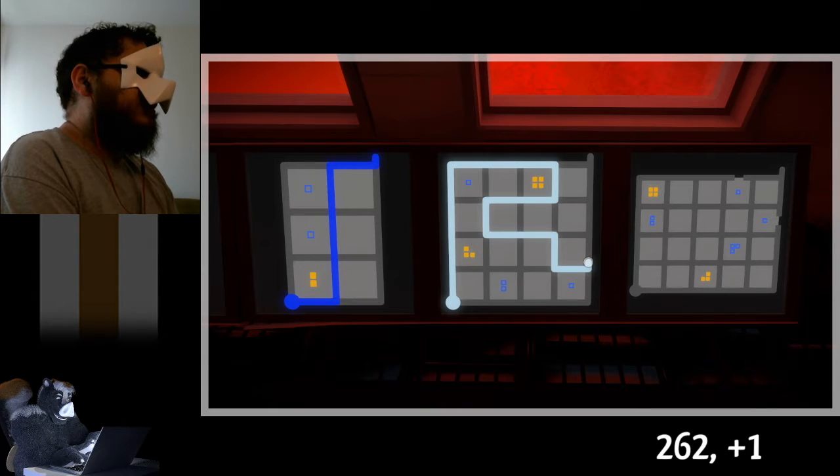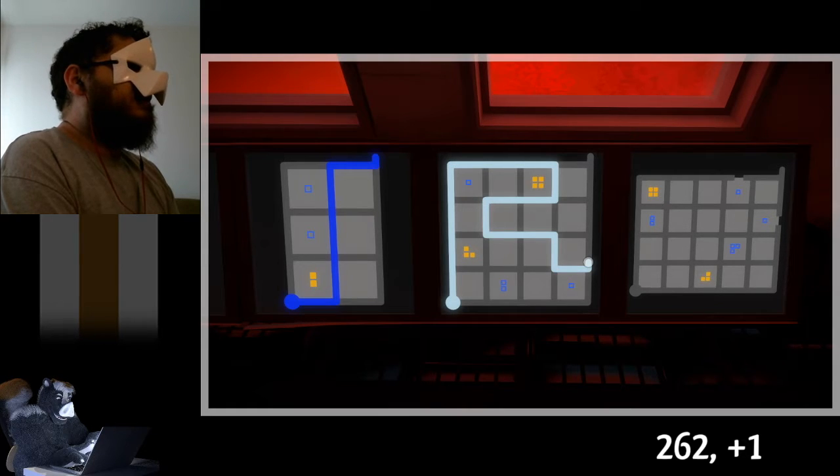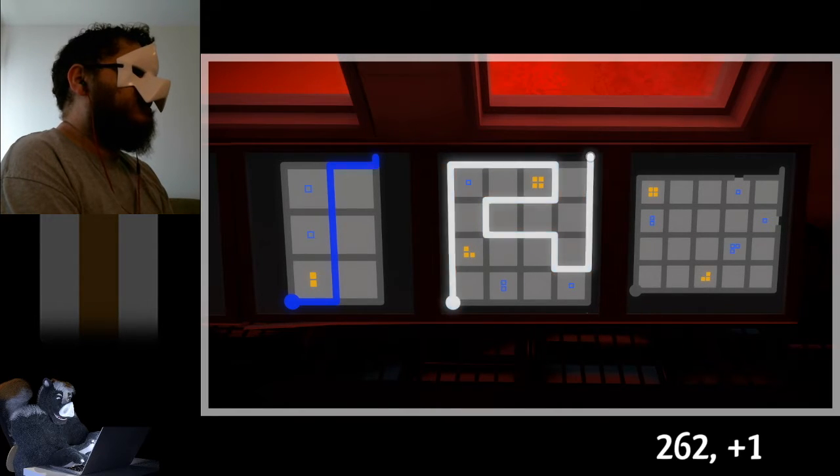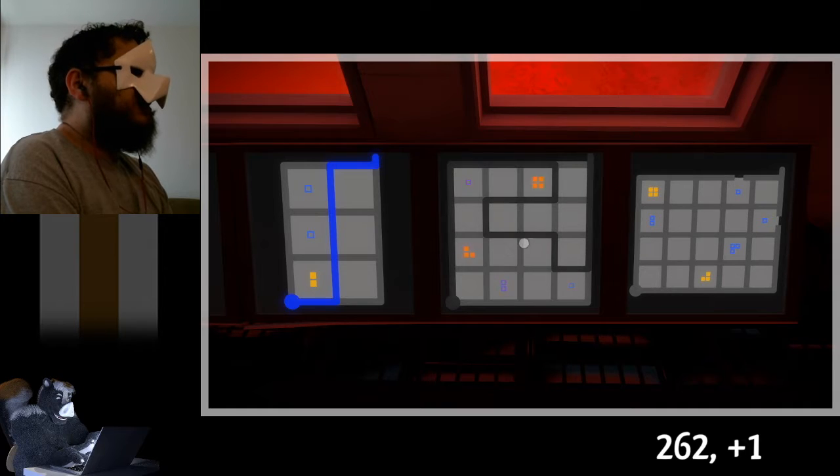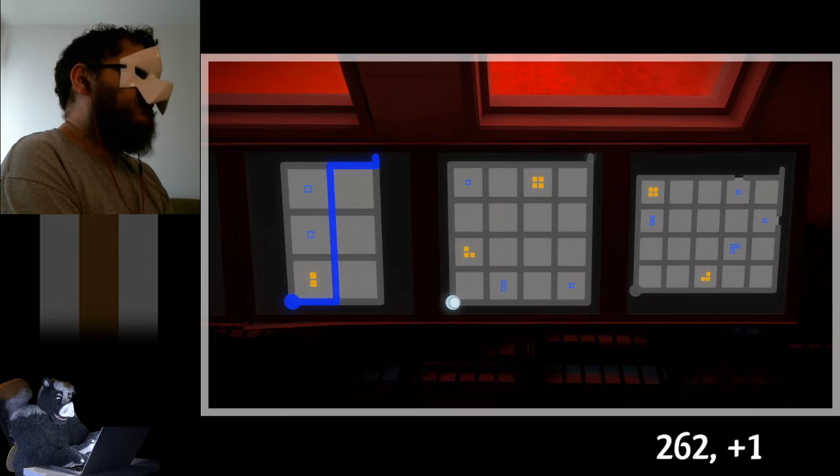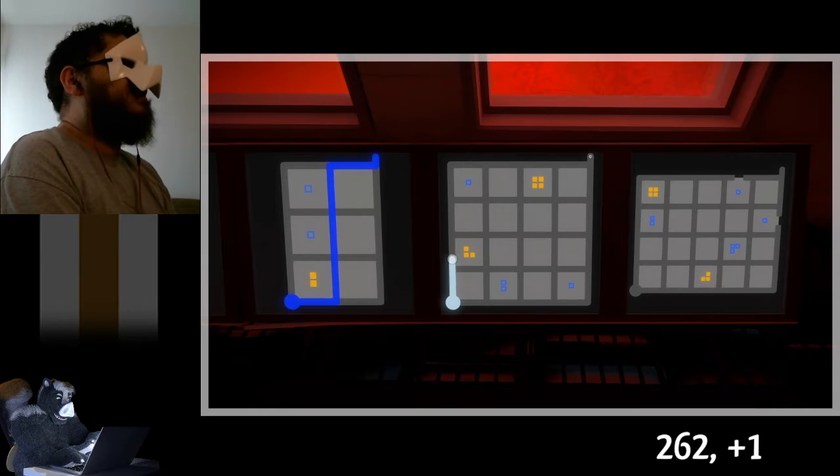Okay, so if I do this, and the square and the corner are next to each other, then there's the two in the upper left, and then 2 individual squares. No? Okay.